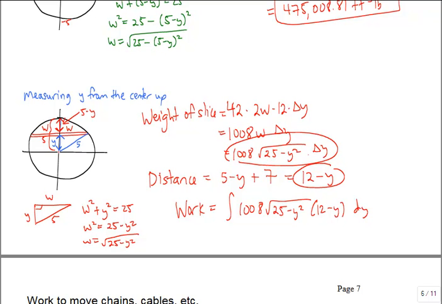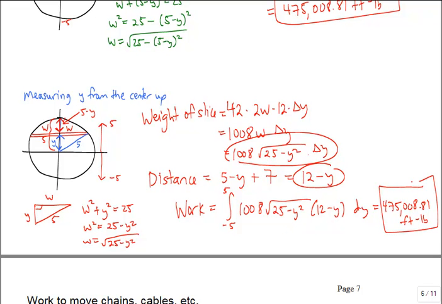So if we consider 0 to be the center, then y needs to go up to 5, but it also needs to go down to minus 5 to sweep through this entire tank. So the bounds here are going to be negative 5 to 5. So that's also going to be different from how we did it in the last problem. So both of these options are valid. You can do it whichever way you like, and no matter which way you do it, you're going to get the same solution, that 475,000 foot-pounds of work.